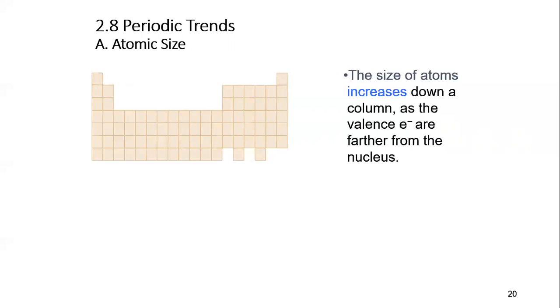But as you go down a group, atomic size increases, because as you go down a group, you increase the number of electrons, aka more energy levels. As you add more energy levels, the atoms get bigger. Whereas when you go from left to right, you're adding electrons to the same energy level. So as you add electrons to the same energy level, they have greater attraction to the nucleus, which causes the radius to shrink. So as you go down a group, it increases atomic size.